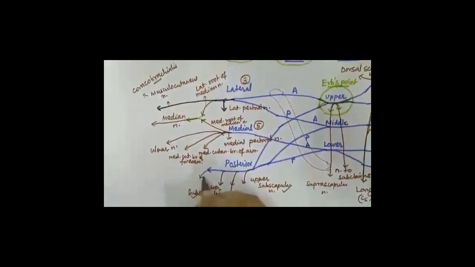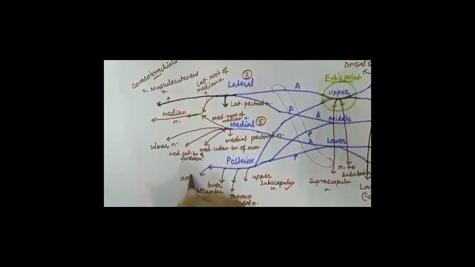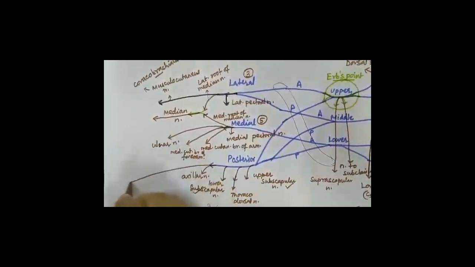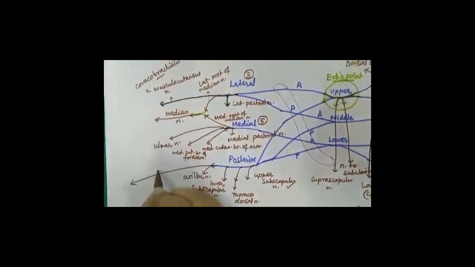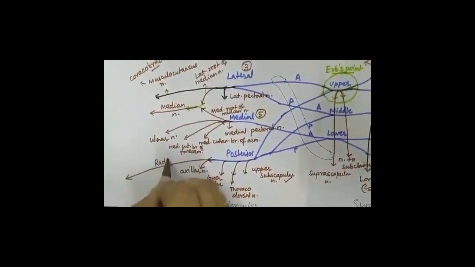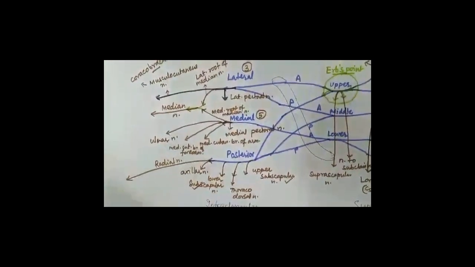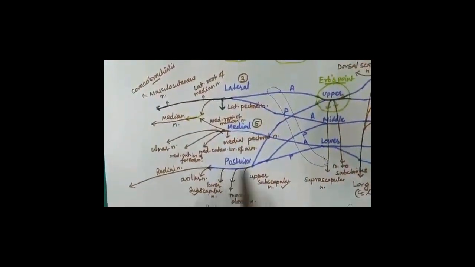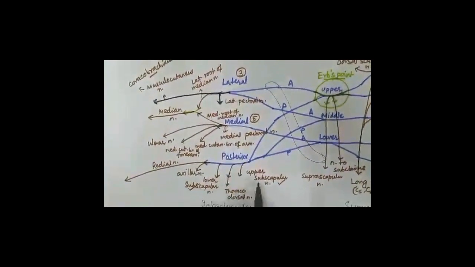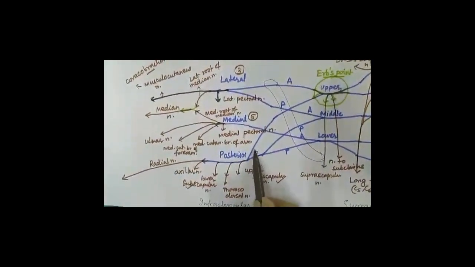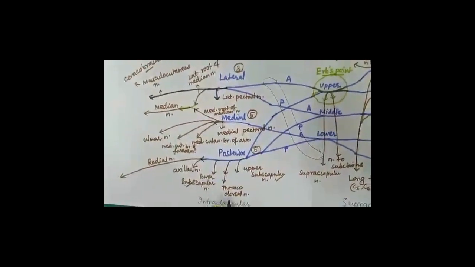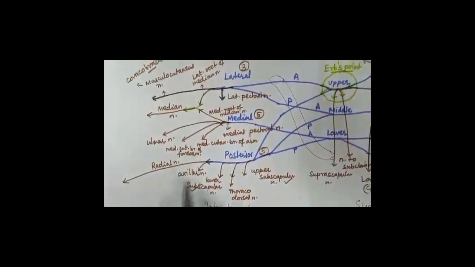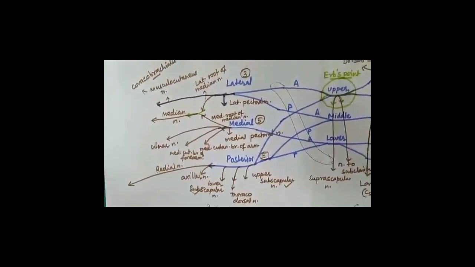It gives one very important nerve, the axillary nerve, and the posterior cord continues downwards as the radial nerve. Now of all these branches, what do we see? The posterior cord is giving 5 branches: upper subscapular, lower subscapular, thoracodorsal, axillary and the radial nerve, as it itself continues as the radial nerve.